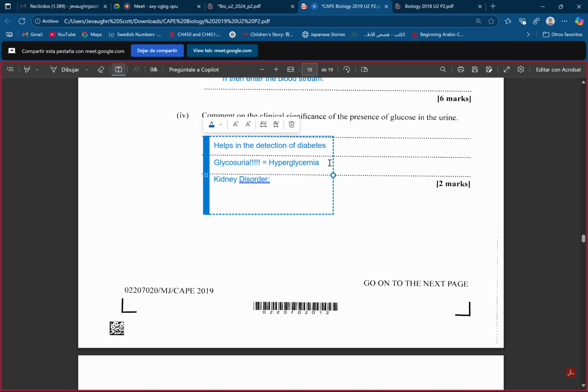You also have, this is going to be like a way out, but you also have alimentary glycosuria. We know what alimentary speaks to, right? The alimentary canal.